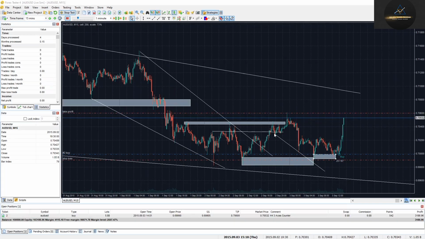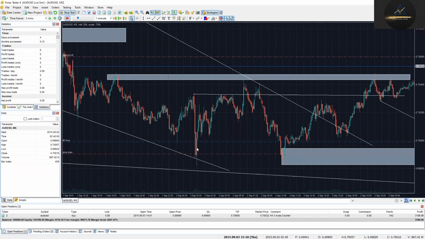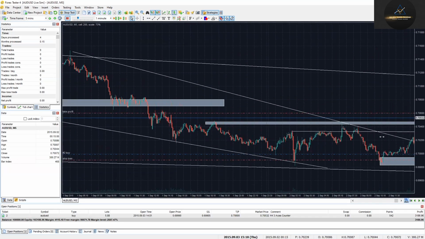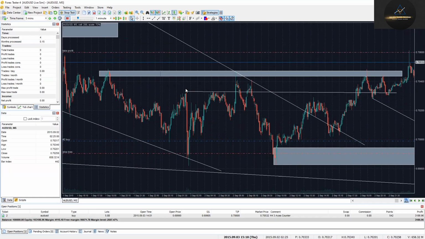It wasn't that clear for me on the 15 minutes, so I decided to go on the M5. So the M5, let's break it down. Here we had the capitulation, which then, but this was the high, the lower high that caused this lower low.